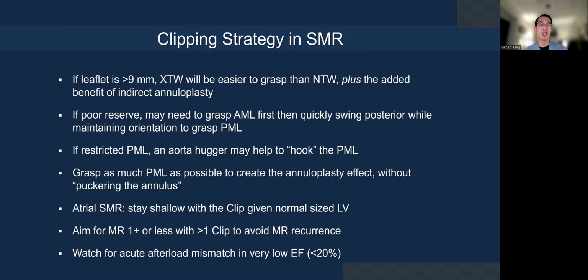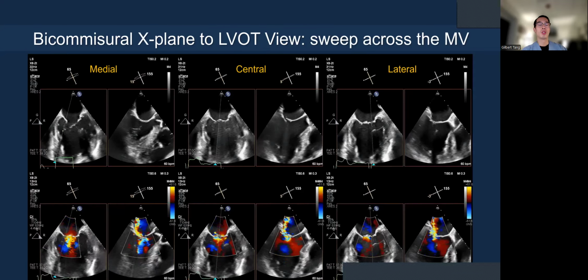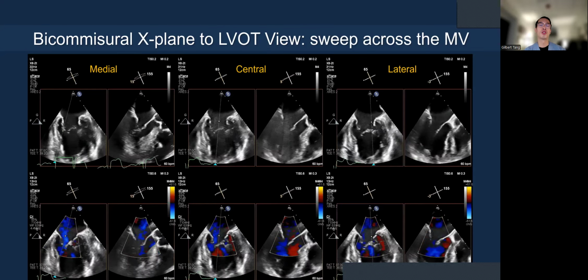You want to grasp as much leaflet as possible, as I mentioned before. In atrial MR, you want to stay shallow in the ventricle to avoid getting stuck. You really want to aim for 1+ or better MR, in my opinion. And of course, sometimes with advanced cardiomyopathy, you might want to watch for acute afterload mismatch, and so support the patient hemodynamically.